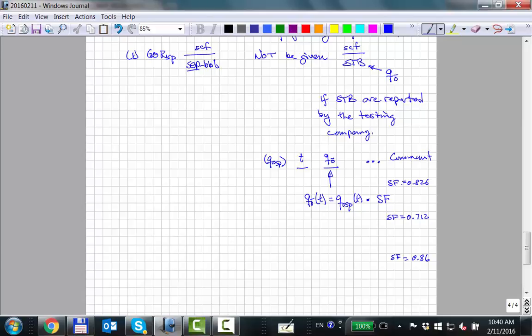In other words, they use this value here until they get a new one. Okay? So they're using 0.826 until they reach this row. Then they flip it to 0.712 and use it until they get 0.86.